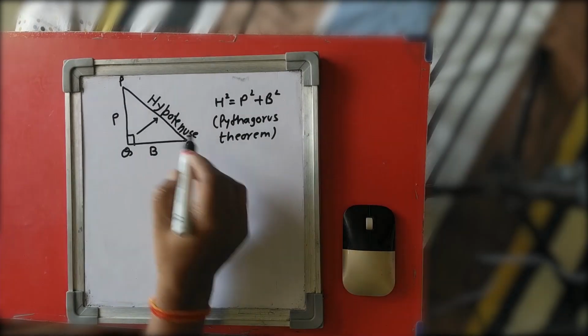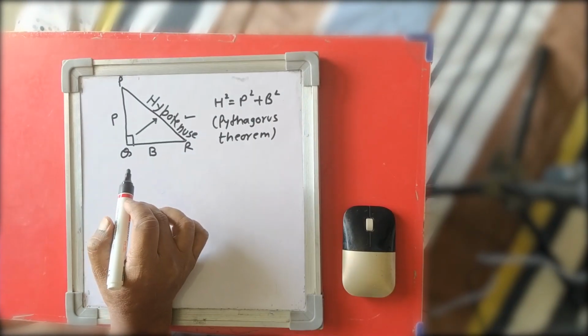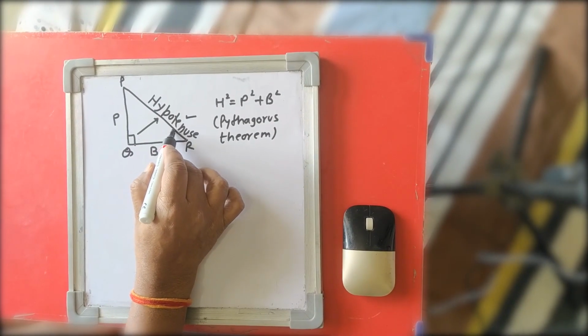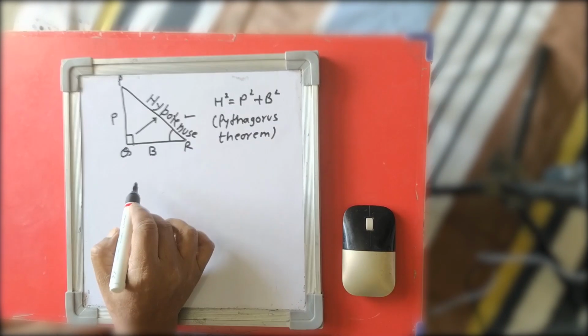However, although hypotenuse is always fixed, perpendicular and base depends on the angle that we are considering or the orientation in which the triangle has been kept.